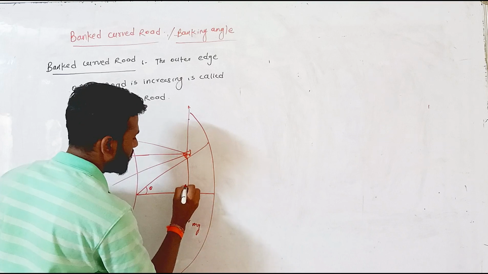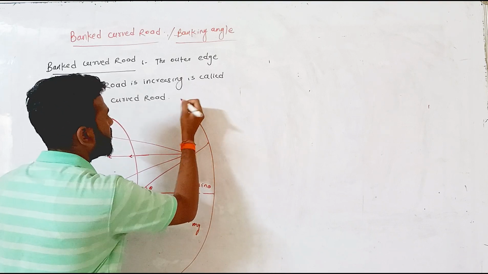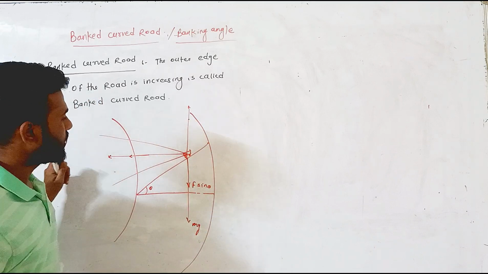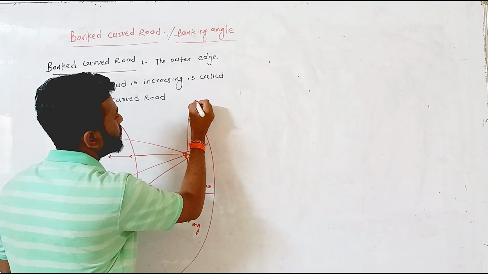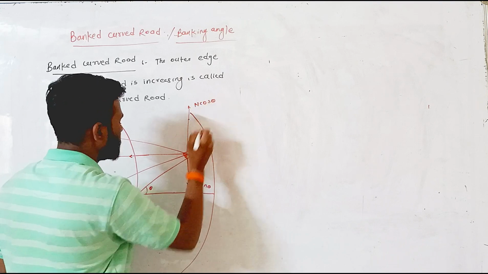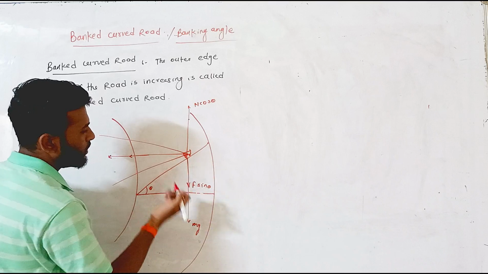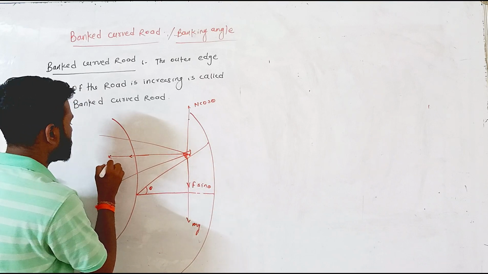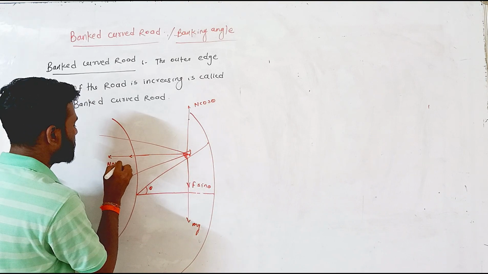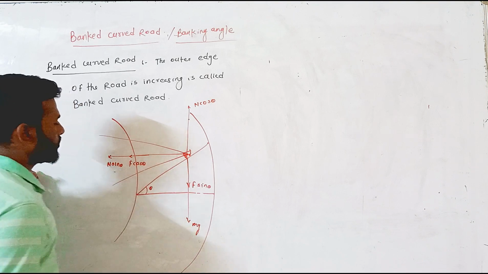We name it mg. The vertical component in the upward direction provides a normal reaction, which we call N cos theta, and the horizontal component provides centripetal force, which is N sin theta and F cos theta.